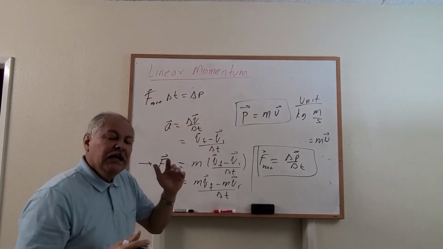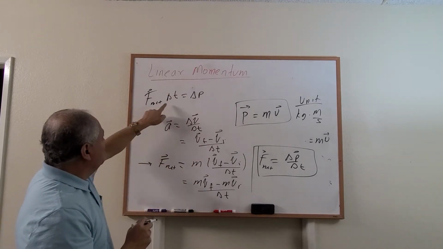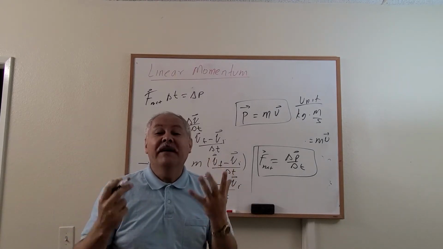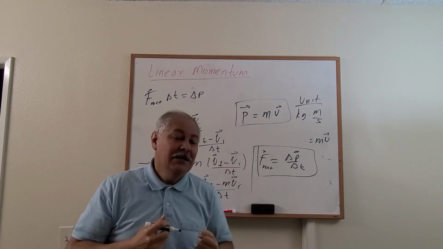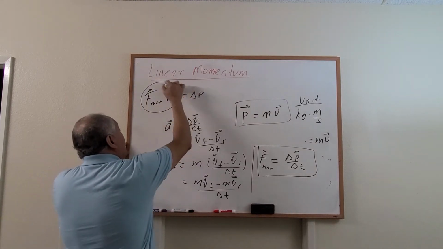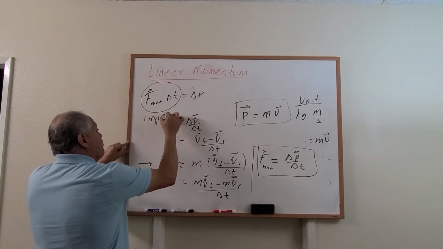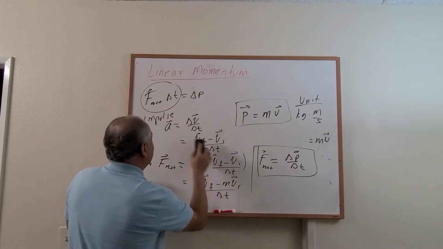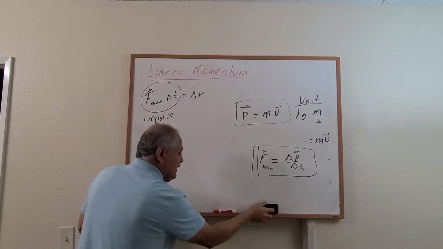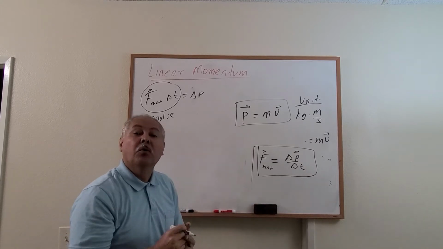Now again, every time, remember, we have a quantity multiplied by another quantity. We create a new quantity, we have to define it, we have to name it. And we call this the impulse. Now, we need a symbol for impulse.